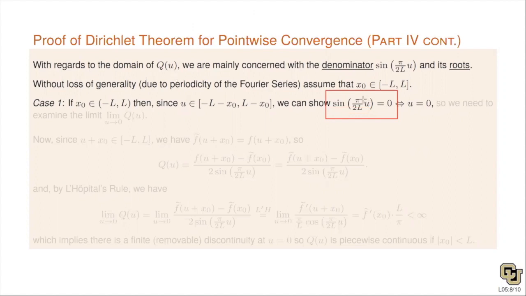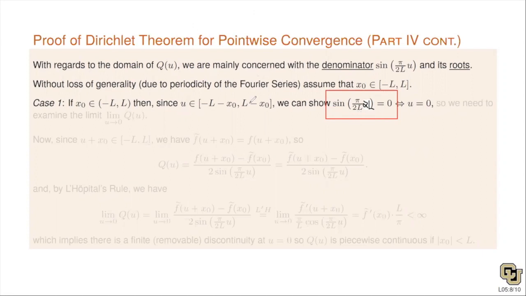So if u here were equal to 2L, for example, then the 2L's would cancel and sine of pi would be equal to 0.